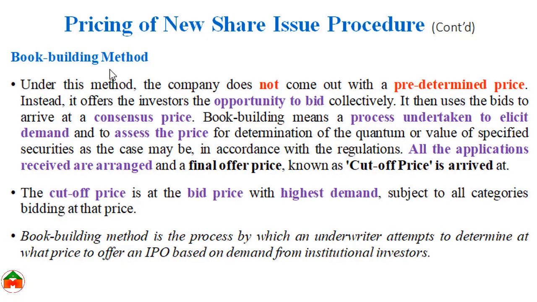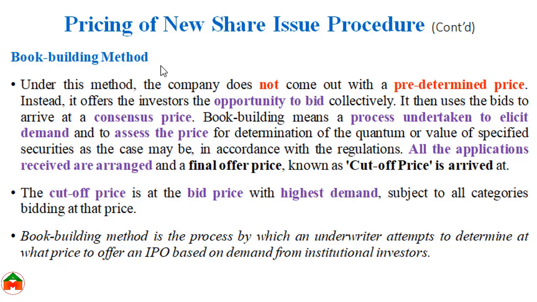On the other hand, the book building method does not fix a predetermined price. That means in a book building method, the price of the share is not fixed by the company. The price is determined by the highest bid price that is demanded by the institutional investors.